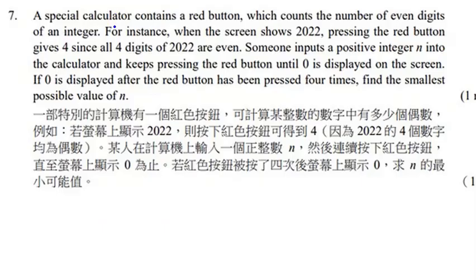Problem number 7. A spatial calculator contains a red button which counts the number of even digits of an integer. For instance, when the screen shows 2022, pressing the red button gives 4, since all 4 digits of 2022 are even.